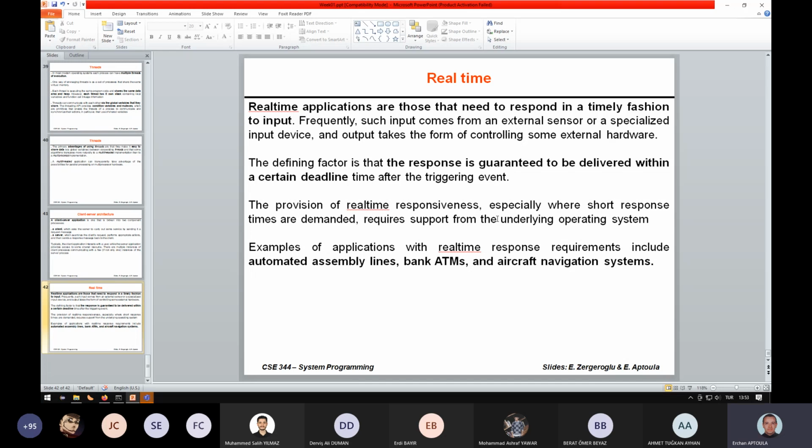Now, real-time responsiveness is not an often encountered requirement, but sometimes in automated assembly lines, ATMs, and especially in aircraft navigation systems, it is a mandatory requirement. And so you need to be knowledgeable about what you can do in order to achieve this requirement. So we will talk about that stuff as we advance through our semester.